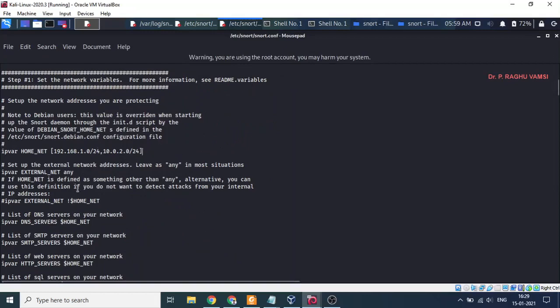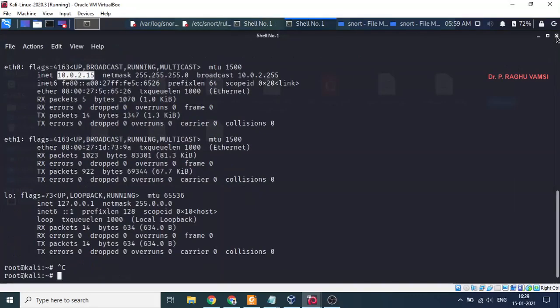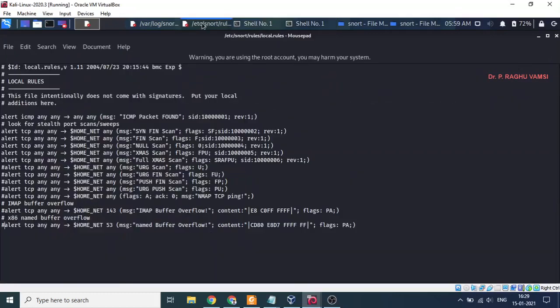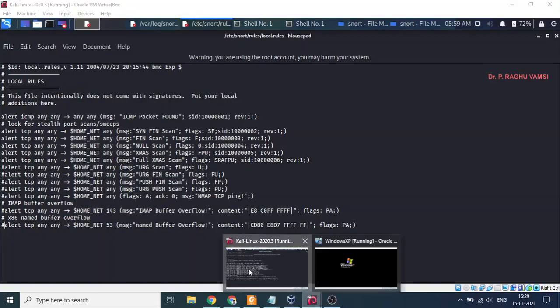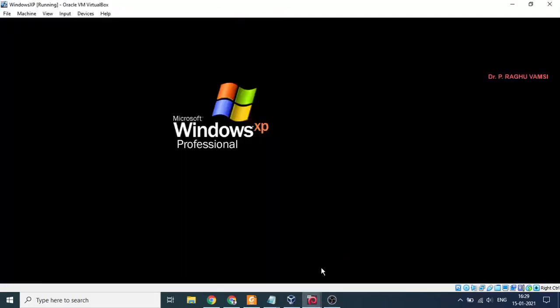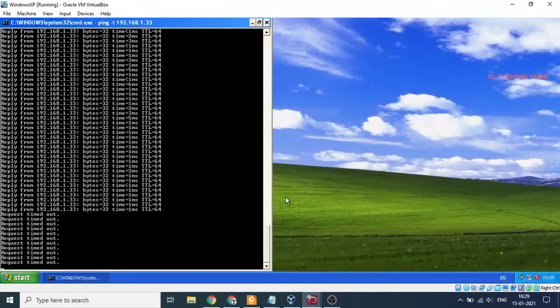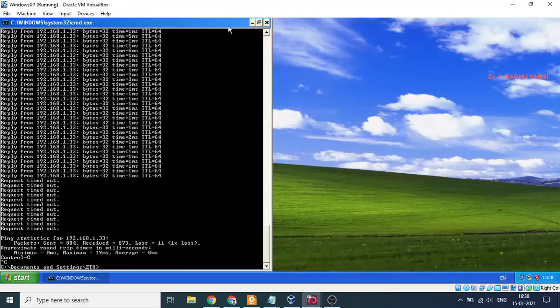Now this becomes the home address. So now we may write this. Then what we'll do is, anyhow, we have stopped the Windows pinging.